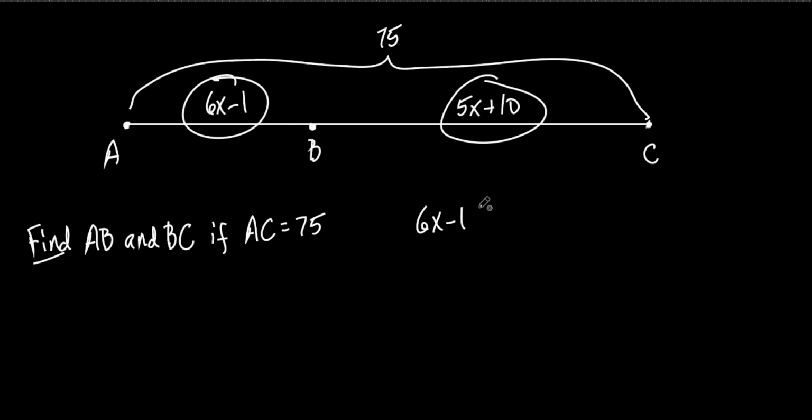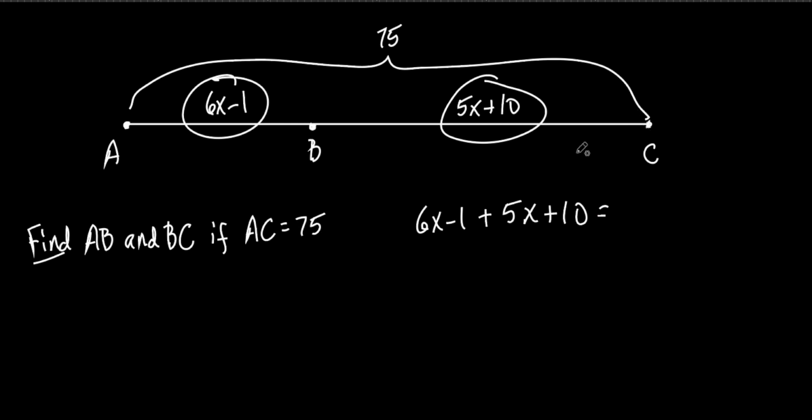All right, let's try to finish this up. So we're going to take this 6x minus 1. What are we going to do with this 5x plus 10 with this? We're going to add them up. Now, what do these two things equal? If I add this section and I add this section, what do they add up to be? 75, right, because they told you.